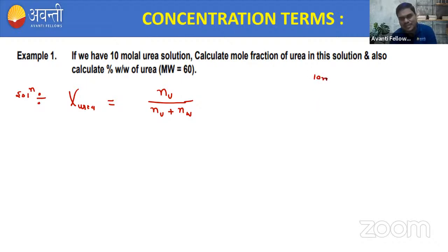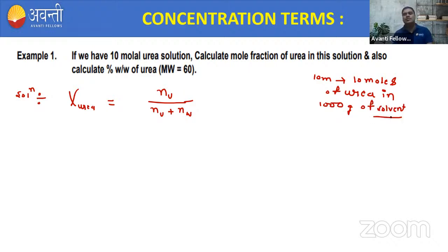Now in this question they have given 10 molal. What is this 10 m? So 10 m means 10 moles of urea in how much solvent?